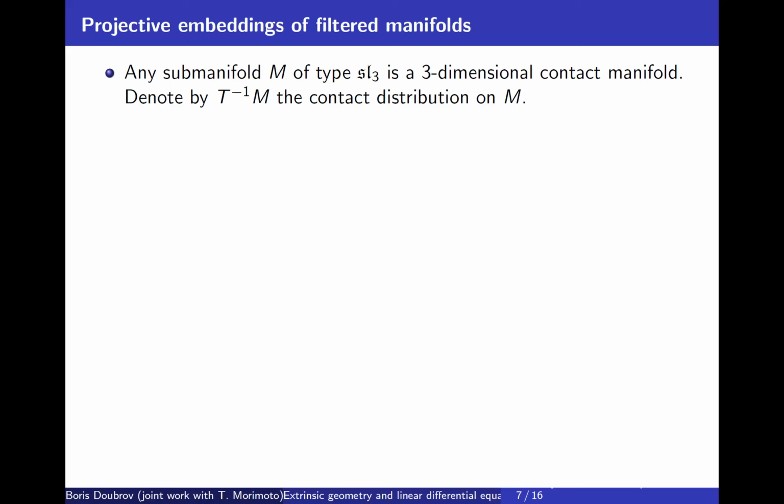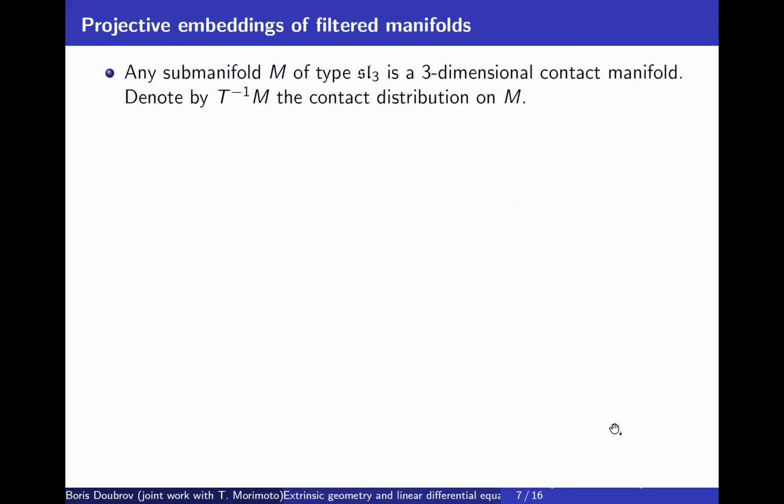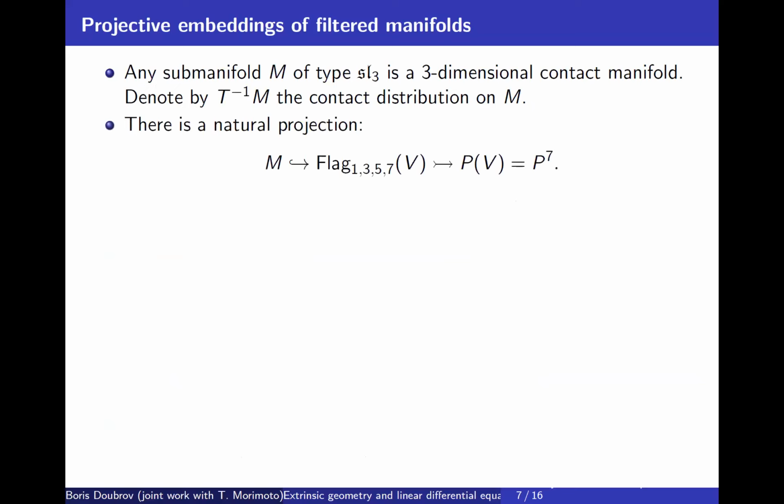So let's understand what it actually is. First of all, any such 3-dimensional submanifold of type SL3 is a 3-dimensional contact manifold, because its symbol is the same as G minus, and G minus is the 3-dimensional Heisenberg Lie algebra. So M will necessarily be a contact manifold, where T minus 1 M denotes the contact distribution. Next, if you look at this big flag variety, we can forget about all other subspaces except the first one.